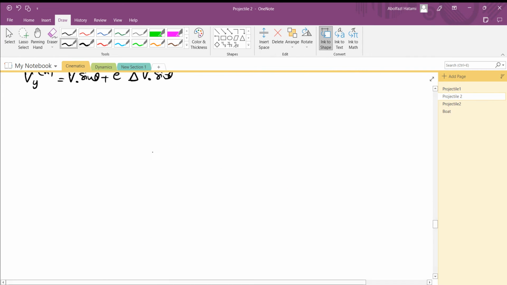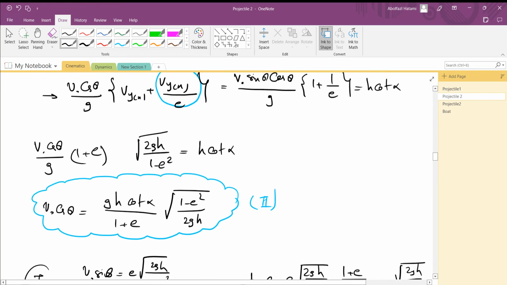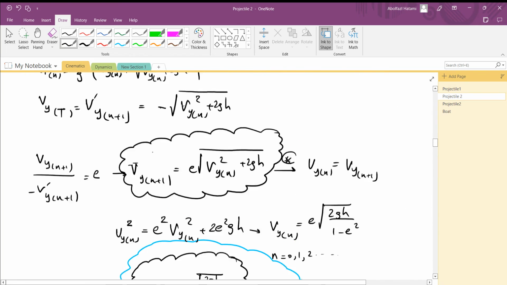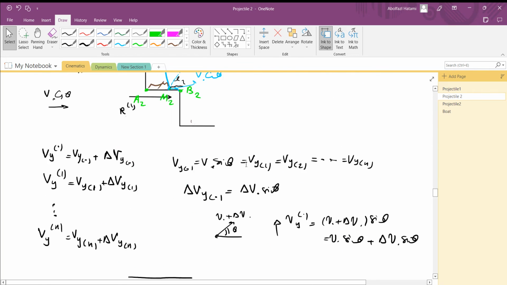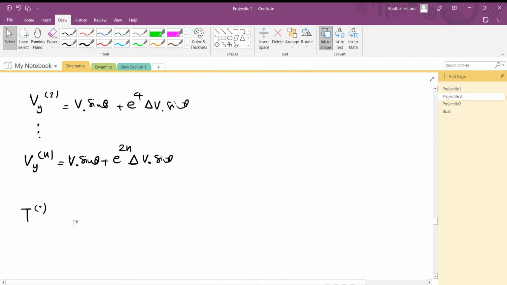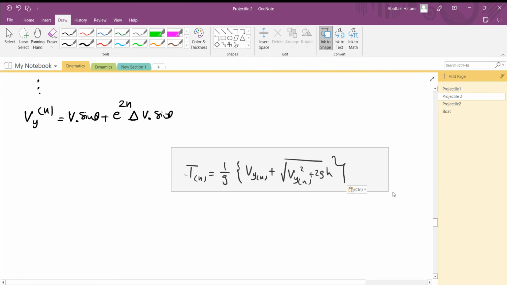For example, let me find t0. We found t0, we found tn. Here we found tn. Let me find the expression. Here is the tn. Let me copy this and paste it in the middle of the page.